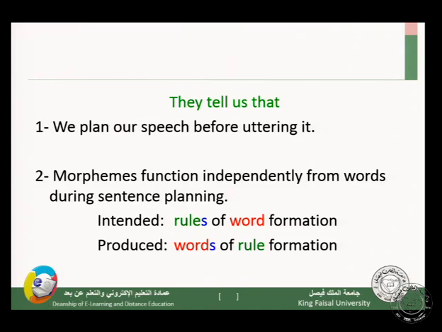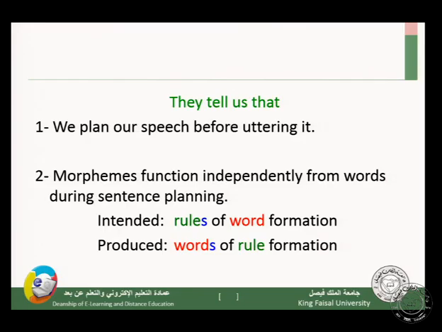Again, I'm going to repeat this: morphemes function independently from words. Here we have two morphemes within one word, which is rules. The first is rule, the second is the plural s, which is in blue font. The first morpheme is in green, the second is in blue.